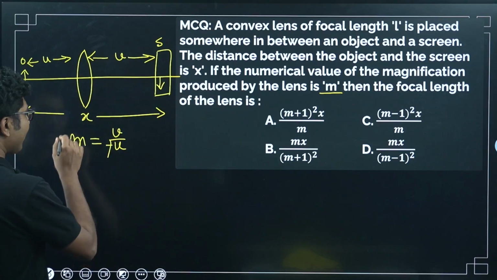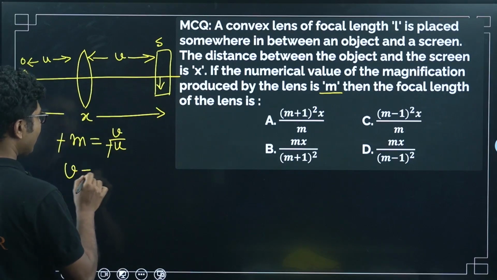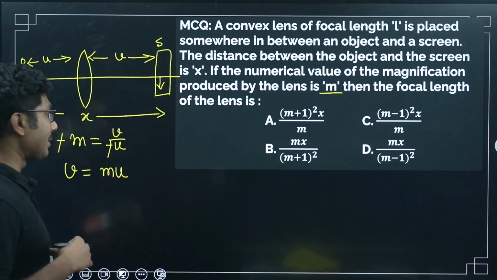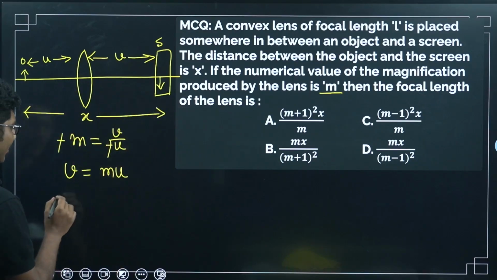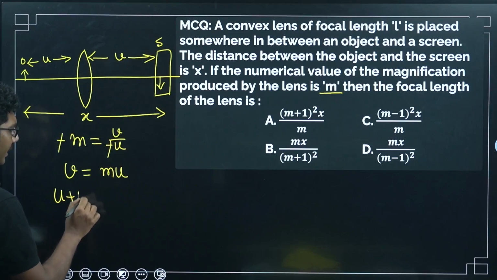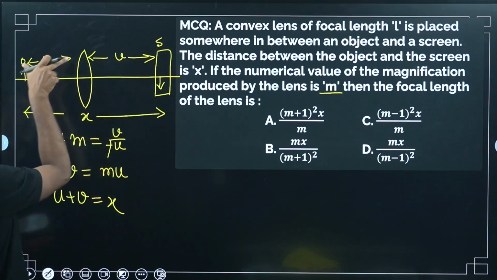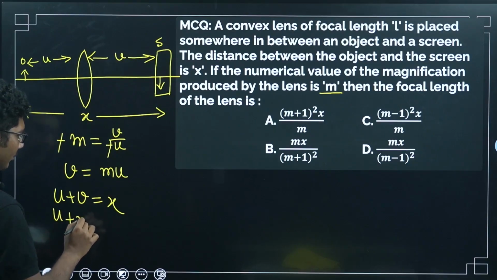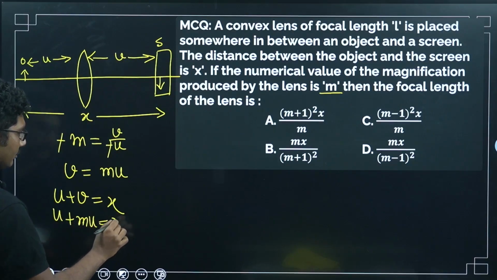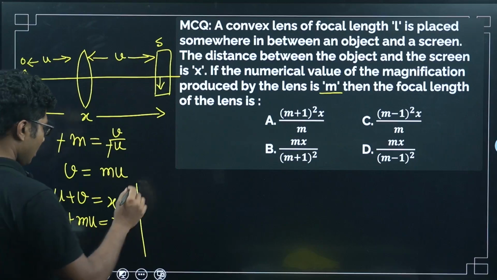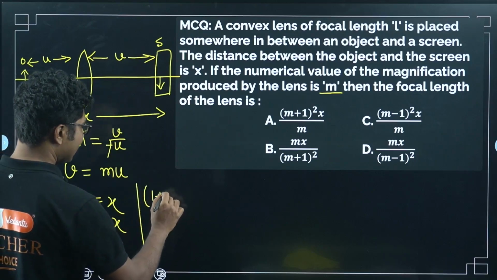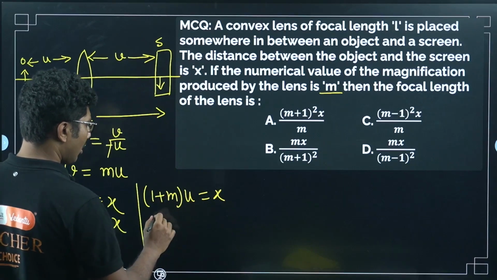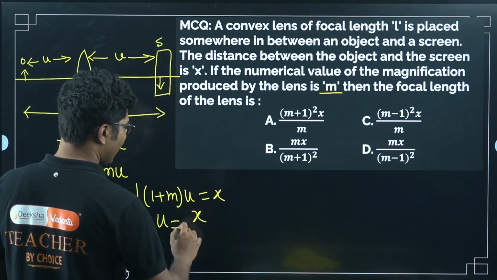So from there we can find that v equals mu, right? Again from this diagram we can write that u plus v equals x, or u plus mu equals x, or 1 plus m times u equals x, or u equals x by 1 plus m, right?